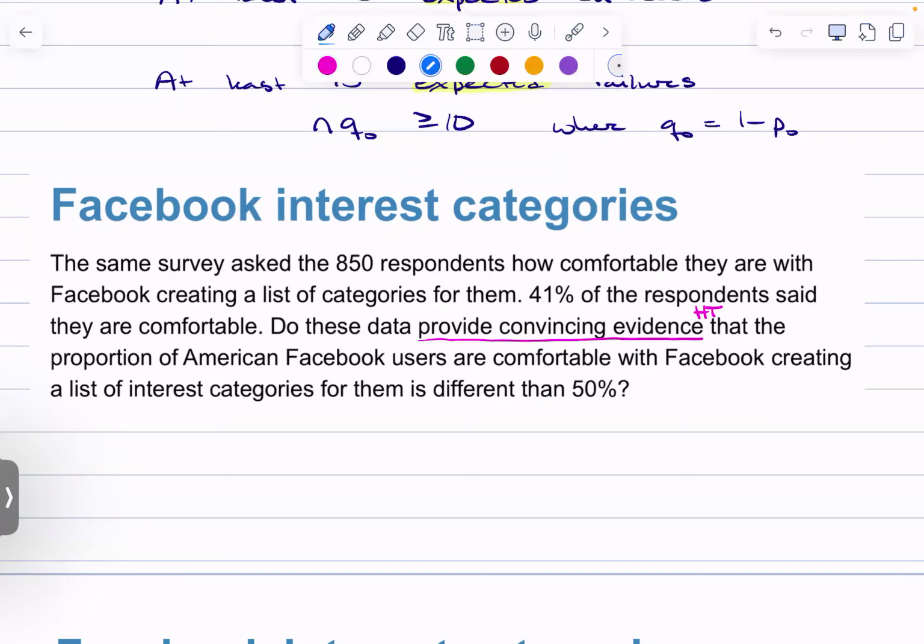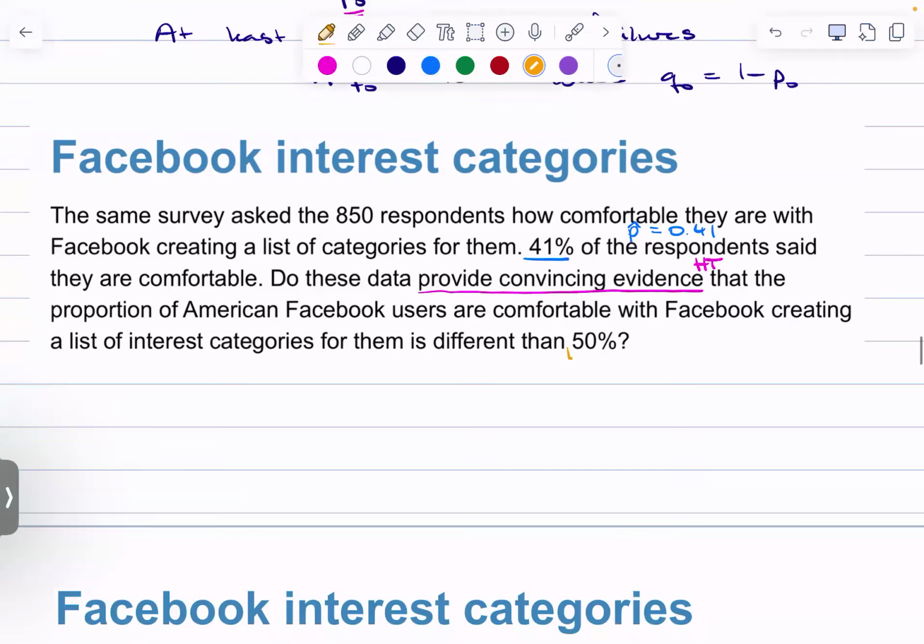And so what we have is some p hat, our sample proportion, which is 0.41, but the proportion we want to compare that to is 0.5. Right? So that tells me that my p naught must be 0.5.